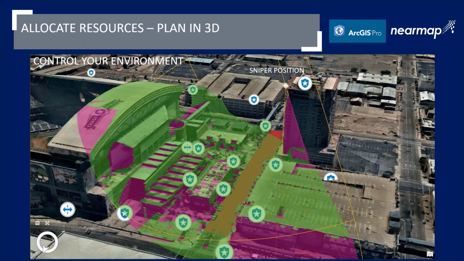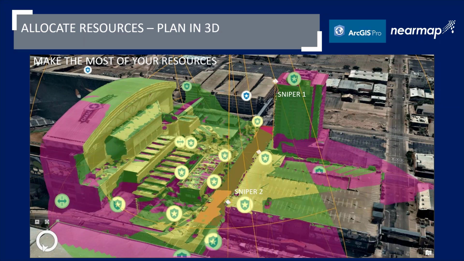Introducing blind spots and maybe covering that by another sniper position so that we can see those areas in yellow, like I mentioned previously, are covered by 2 or more viewsheds. This is a great way of utilizing the textured mesh. This is our reality mesh, in ways that you can visualize these events taking place or being prepared for so that they never have to, which is the really big value here.